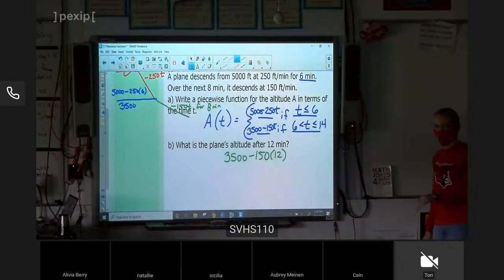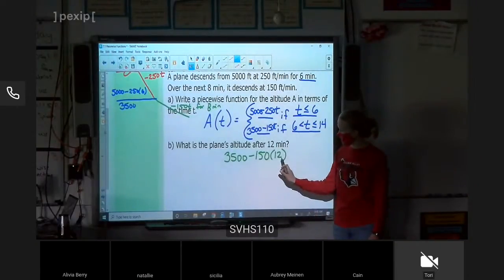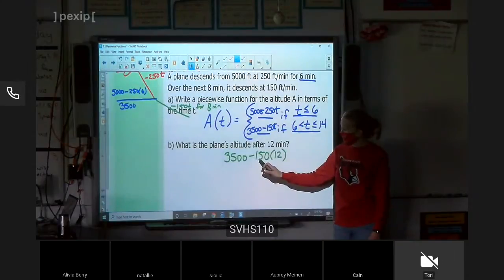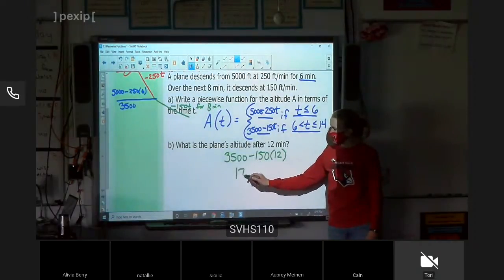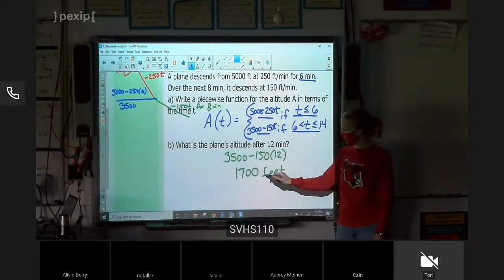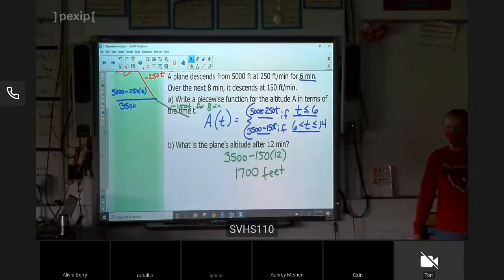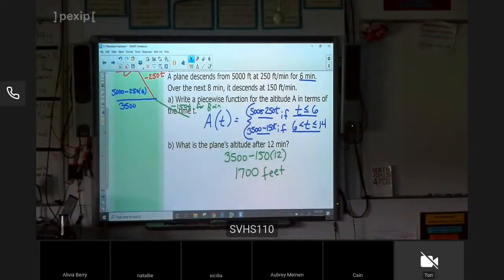So how much do they still have to descend? 1,700. So they still have another 1,700 feet to go. We don't know what their descent changes to after those first 14 minutes, though.